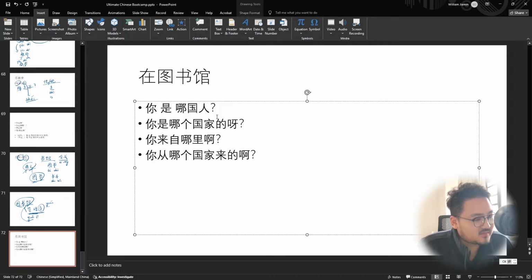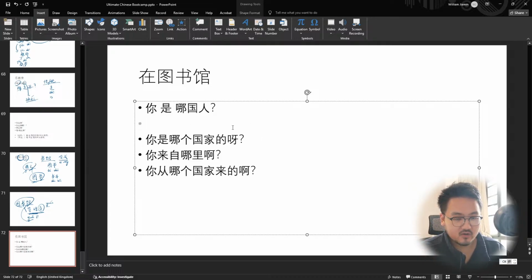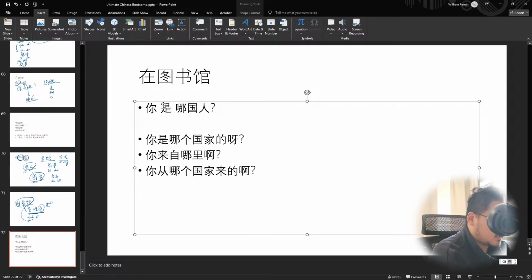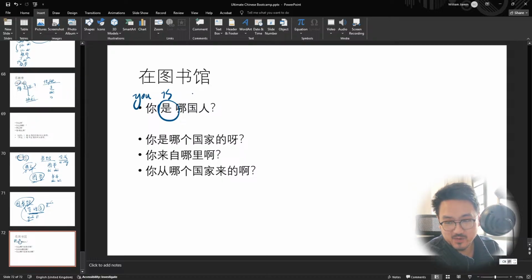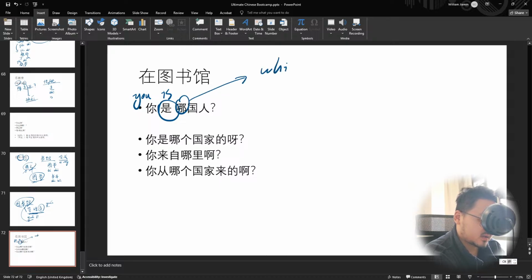right? So let me quickly explain this, and since we are still at HSK level 1 here, let's start with a very very basic one, okay? 你是哪国人, right? That literally means is, right? So 你 means you, 是 is, 哪国人, 哪 is like English which. 国 is like a country.